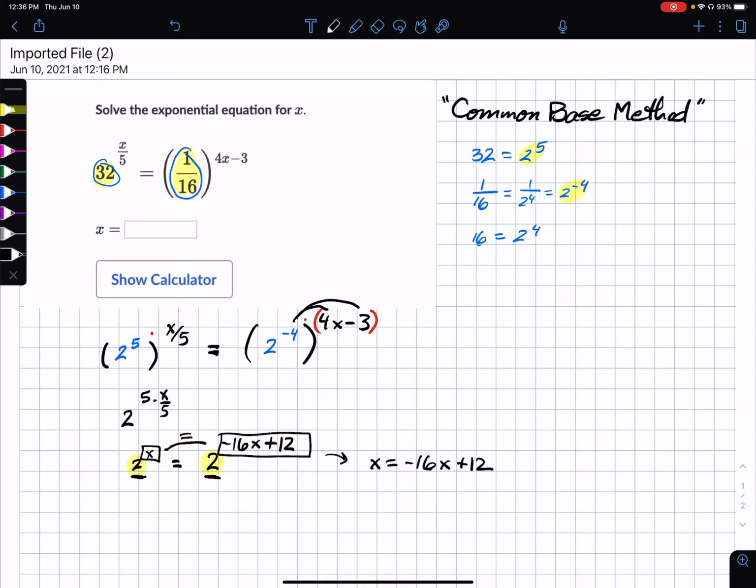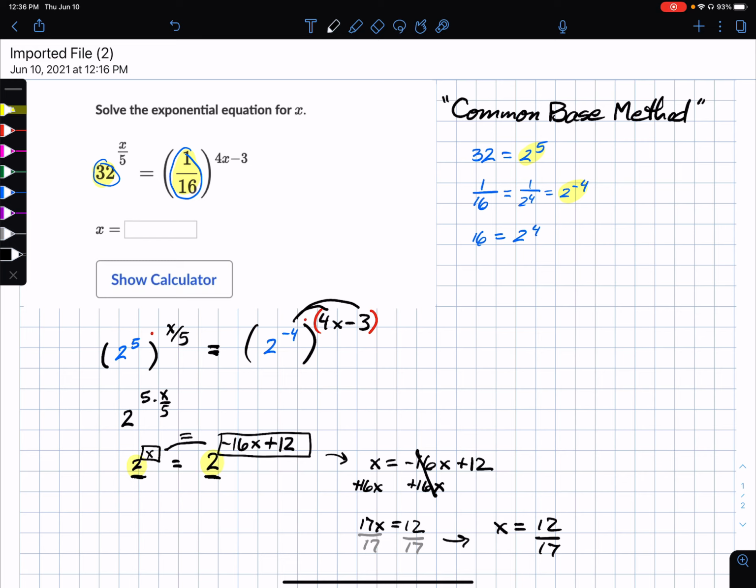And this might be a little underwhelming because this is just linear, algebra 1 stuff here. Add the 16x to both sides. That doesn't go too bad. Now we have 17x equals 12, and solving for x will finally divide off that coefficient of 17, and we end up with x fully isolated equals 12/17.